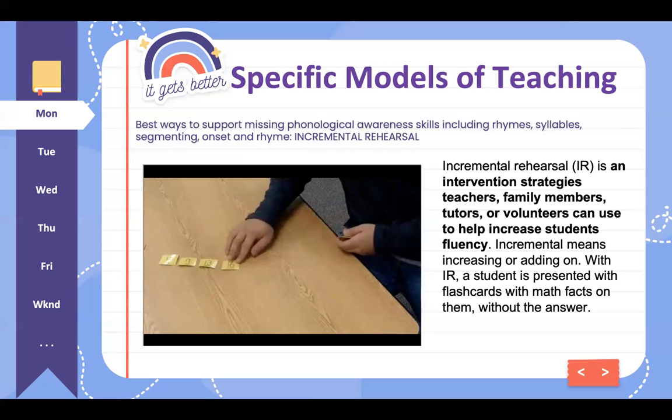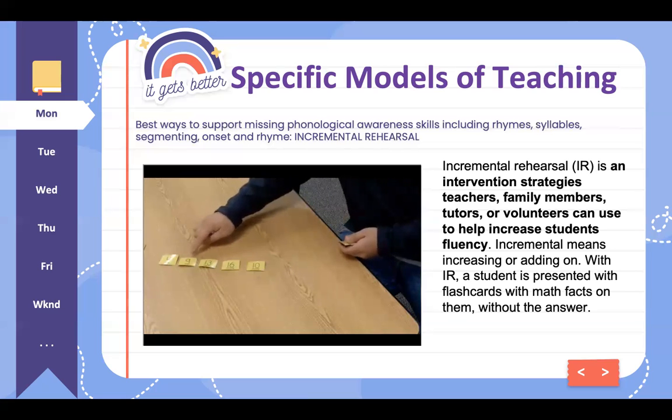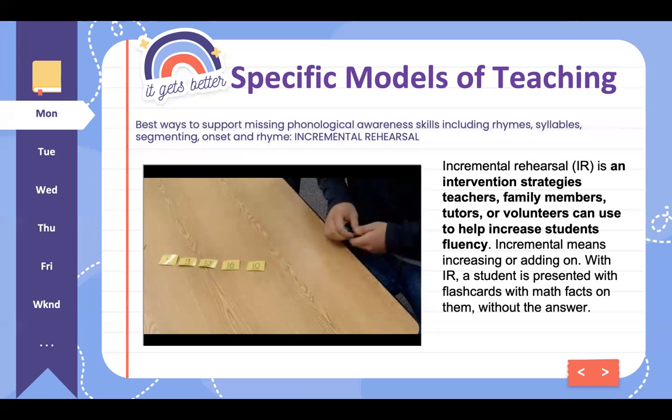Continue this process, still adding already known numbers to the row. The student will continue saying the numbers as you point to each one, going across the row. I will keep adding known numbers until I get 9 total cards to practice.